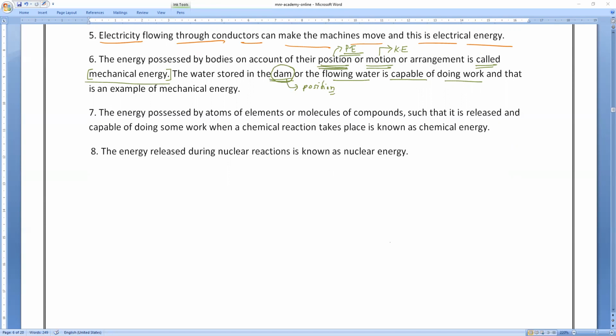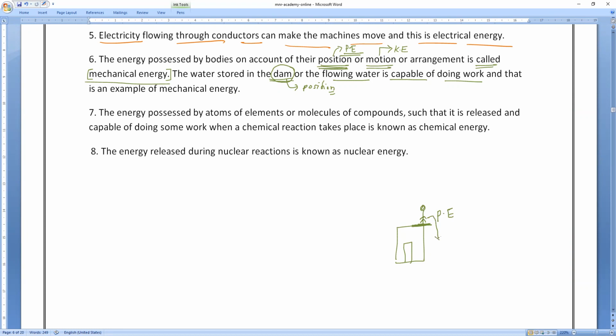Now keep it in mind. For example, you are standing on our terrace. You are at this position. So what energy are you possessing? Yes, Kishore. You are standing in that position, so what energy are you possessing now? You are possessing potential energy.